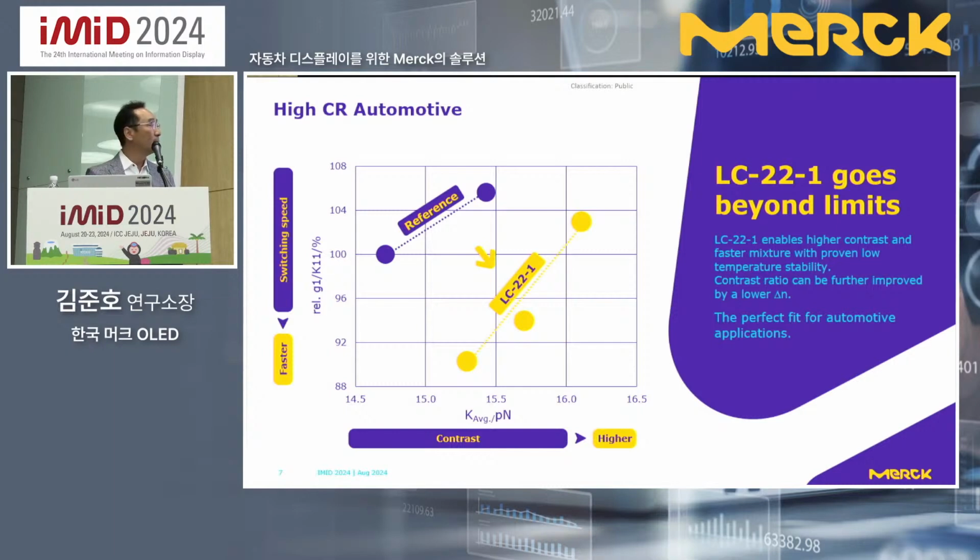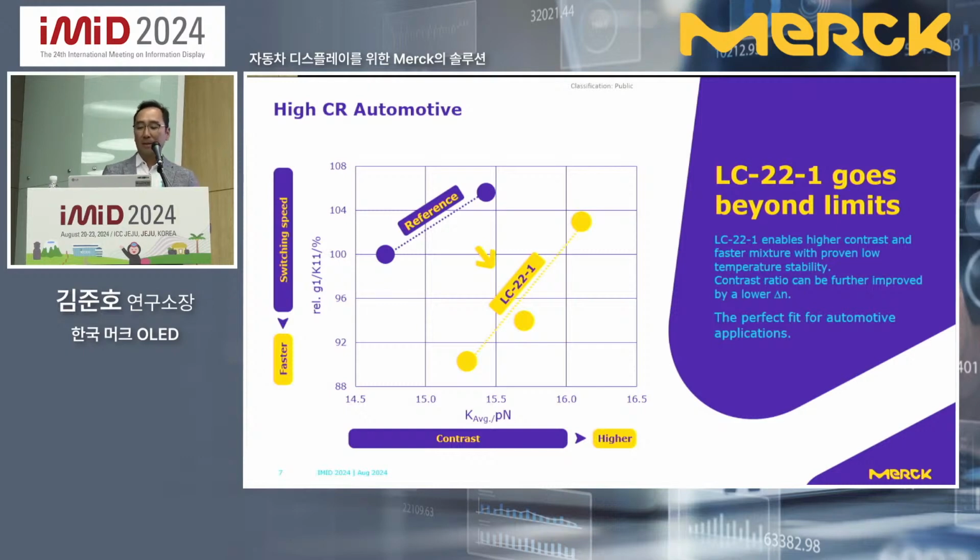Compared to the reference, if we use this LC 2020-1 in a mixture, then you can improve the contrast ratio at the same response time by around 10%, or you can make the switching time faster by more than 10% with the same K average value.